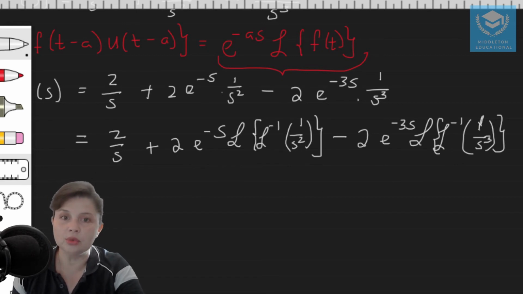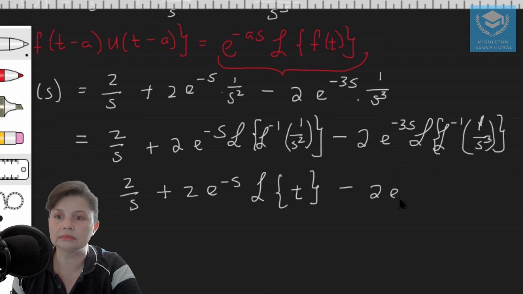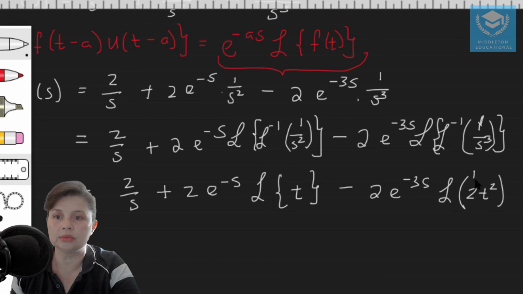So that means we are sitting with 2 over s plus 2e to the minus s. The inverse transform of 1 over s squared is just t. And the inverse transform of 1 over s cubed is going to be, right, that should be a half, that should be a half t squared.